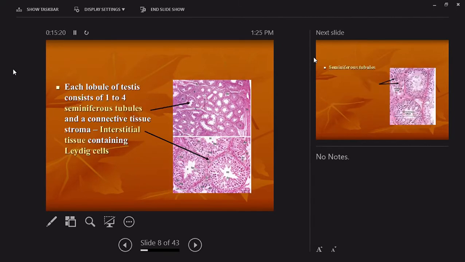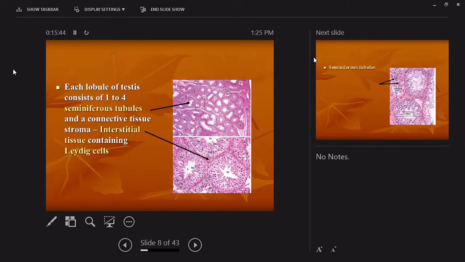Each lobule of the testis consists of 1 to 4 seminiferous tubules and the connective tissue stroma, which you call the interstitial tissue, containing Leydig cells. Leydig cells are very important, as you will know later on.